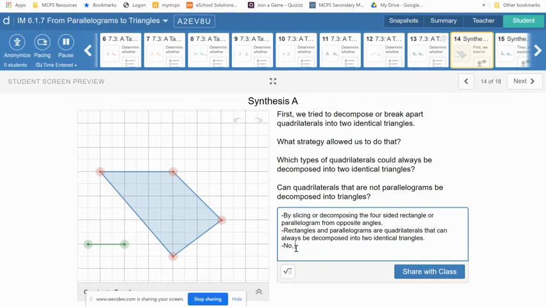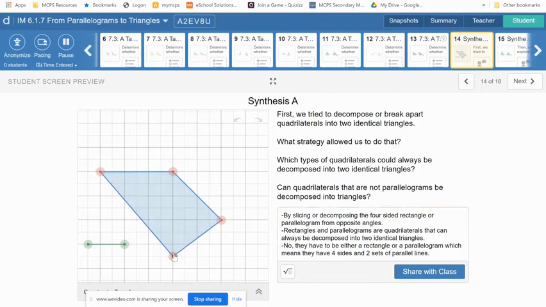No. They have to be either a rectangle or a parallelogram, which means they have four sides and two sets of parallel lines. Remember, rectangles do have two sets of parallel lines. So I'll prove it to you.